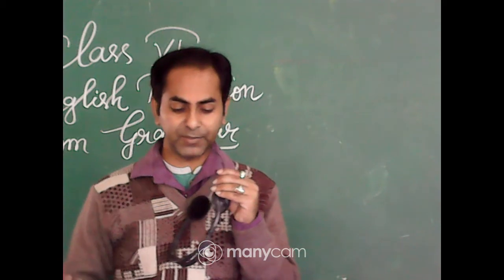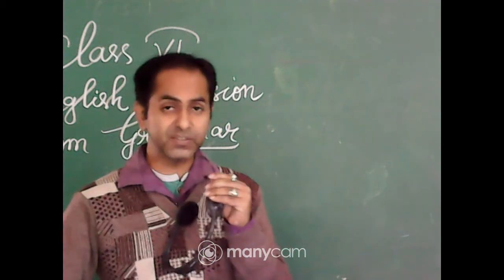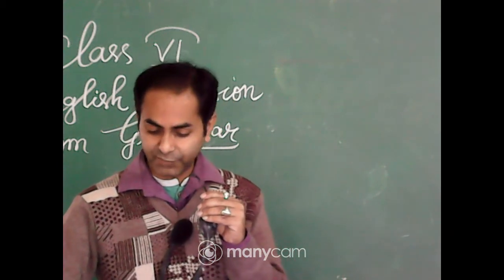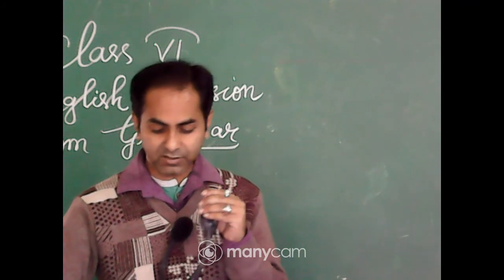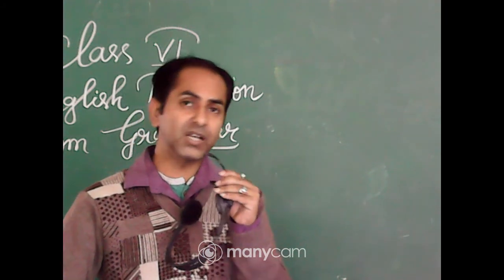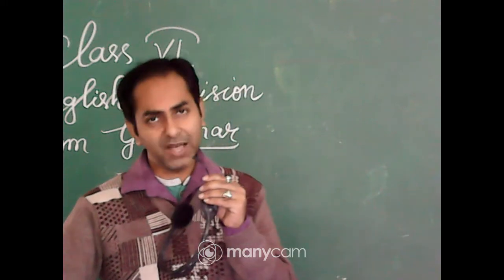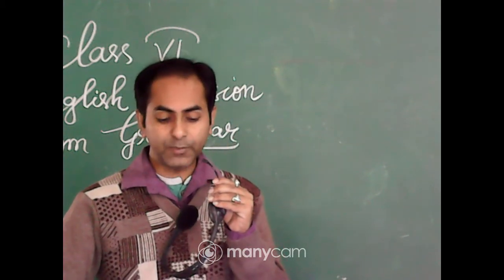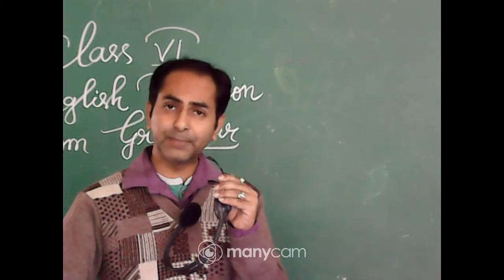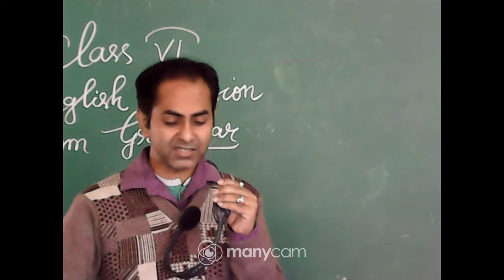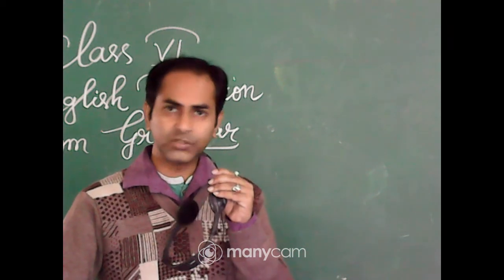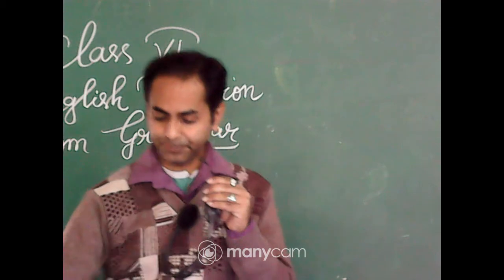Here the answer will be present perfect tense, because there we use been. Apart from present perfect tense, in case of past perfect tense also we use been between the helping verb and the past participle. But here in the options I have given simple present, simple past, past continuous and present perfect. So here present perfect will be the answer.